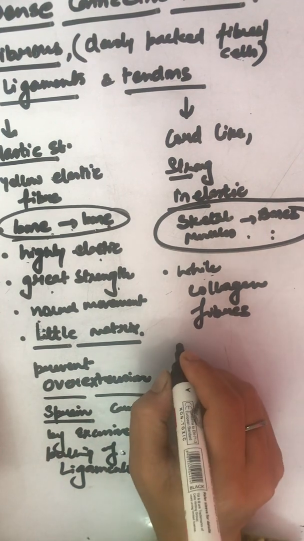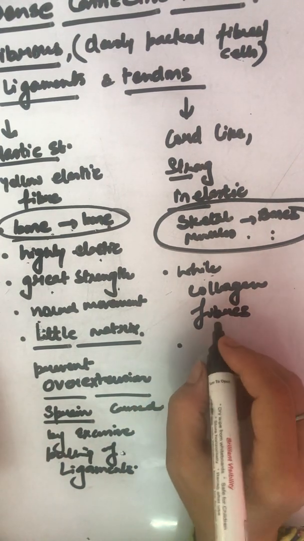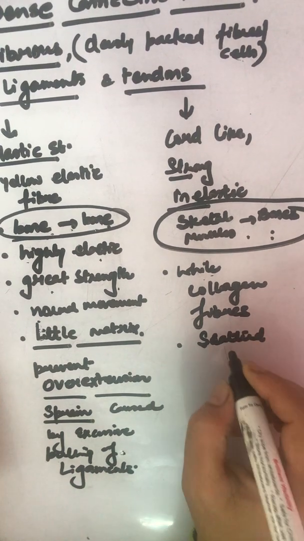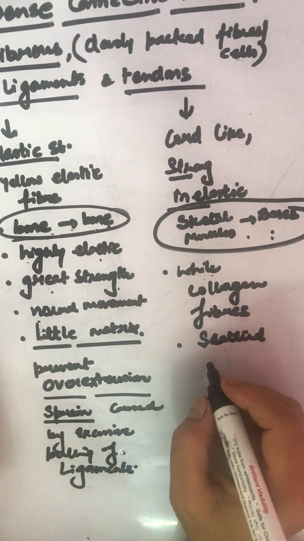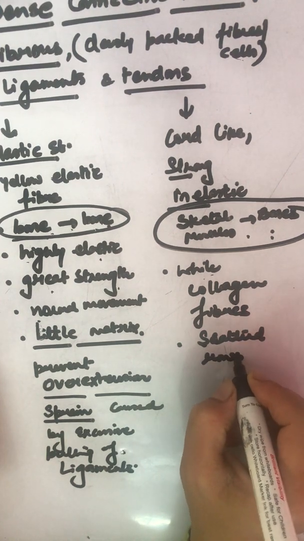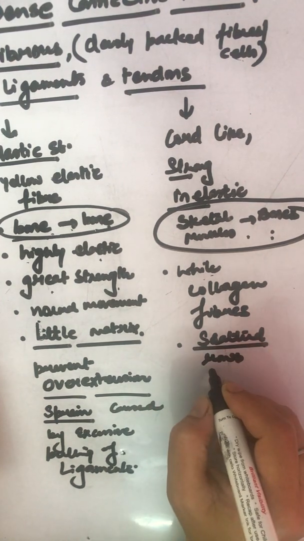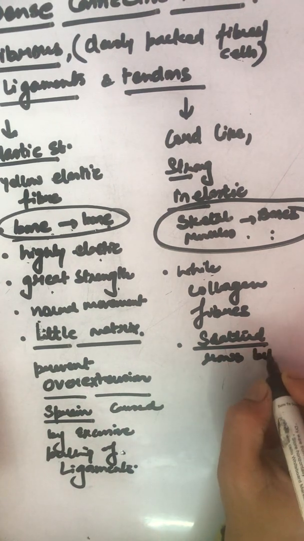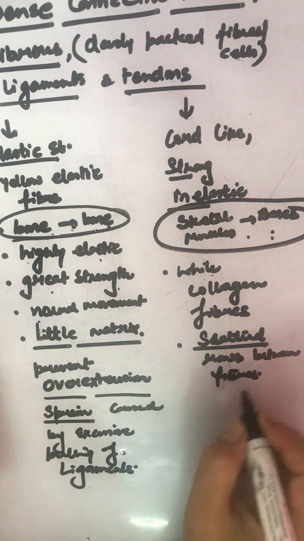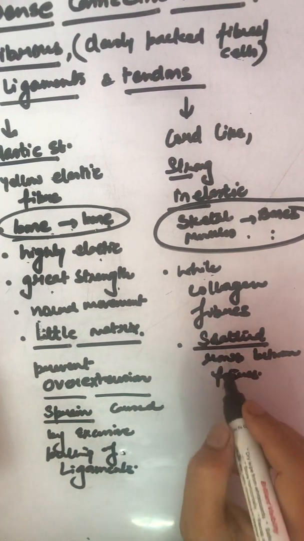And what kind of matrix does it possess? They have scattered matrix, in rows between the fibers, arranged properly, scattered but arranged.